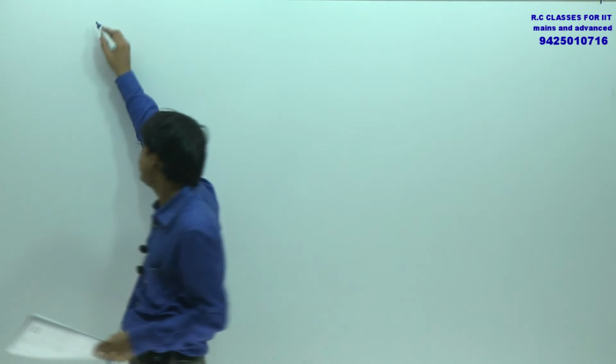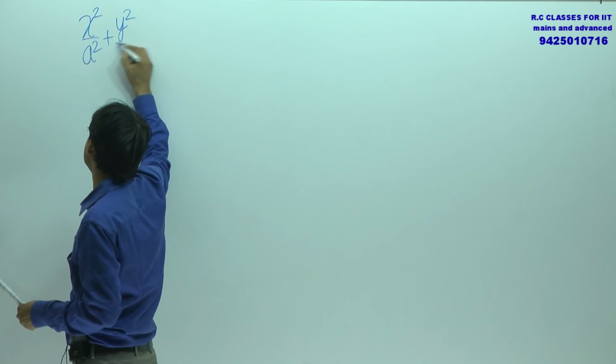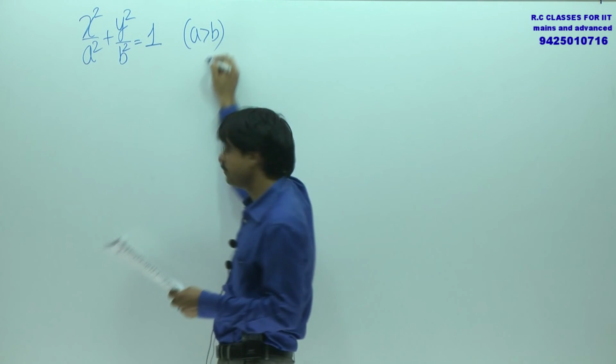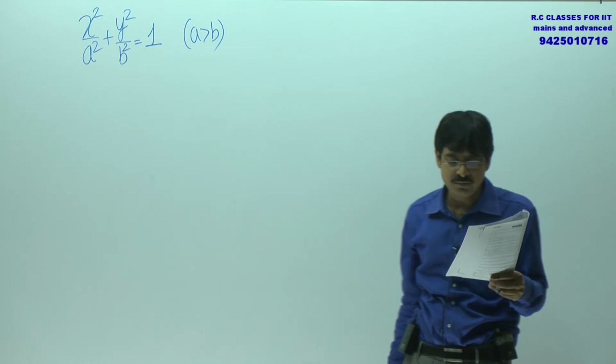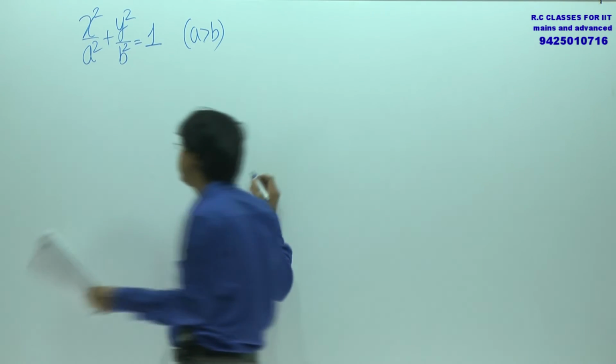Now the question is, if the angle between the straight lines joining the foci and the ends of the minor axis of the ellipse x square by a square plus y square by b square equals to 1 is 90 degree, find its eccentricity. Again we will be taking the case of x square by a square plus y square by b square equals to 1 with a greater than b. Angle between the straight lines joining the foci and the ends of the minor axis is given as 90 degree.